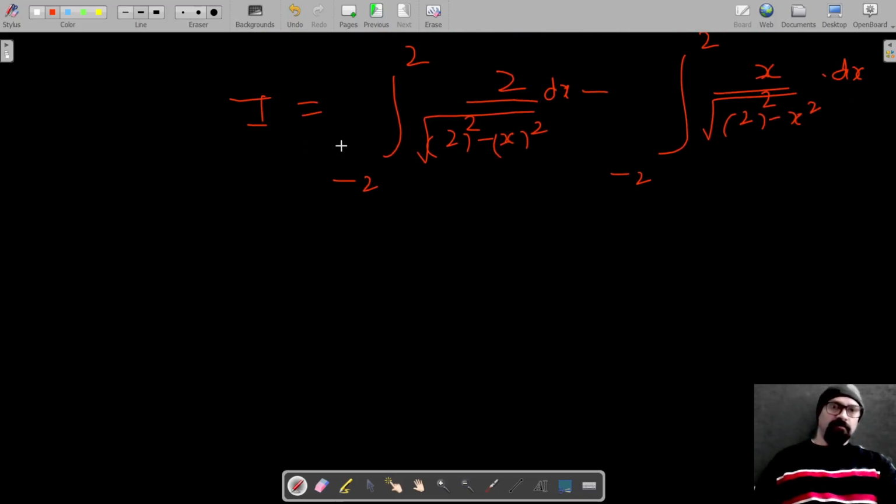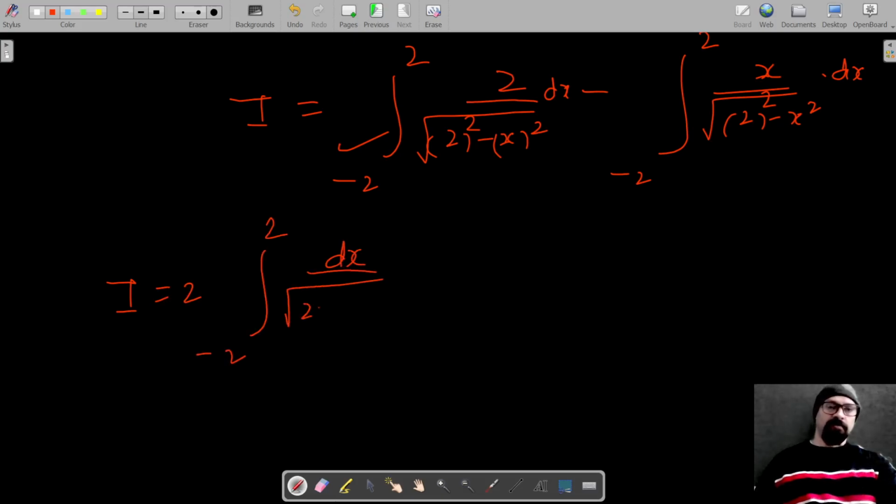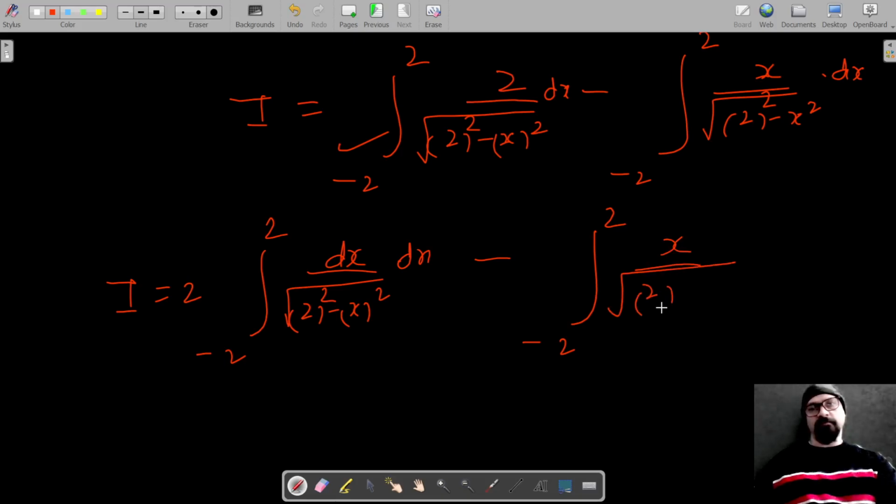Okay, 2 can be taken out for this. So I is equal to 2 out, -2 to 2, integration of 1 upon root of 2 square minus x square into dx, minus -2 to 2 of x upon under root of 2 square minus x square into dx.